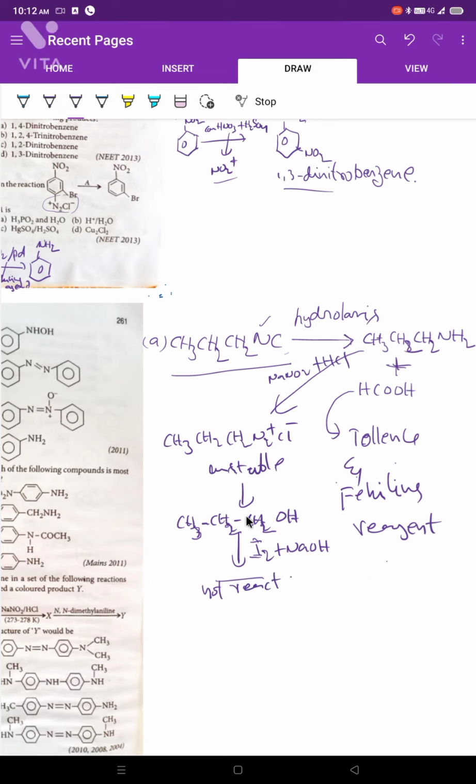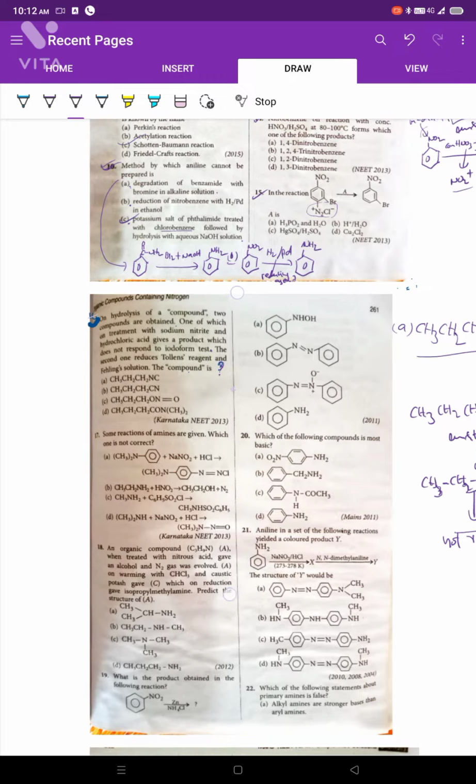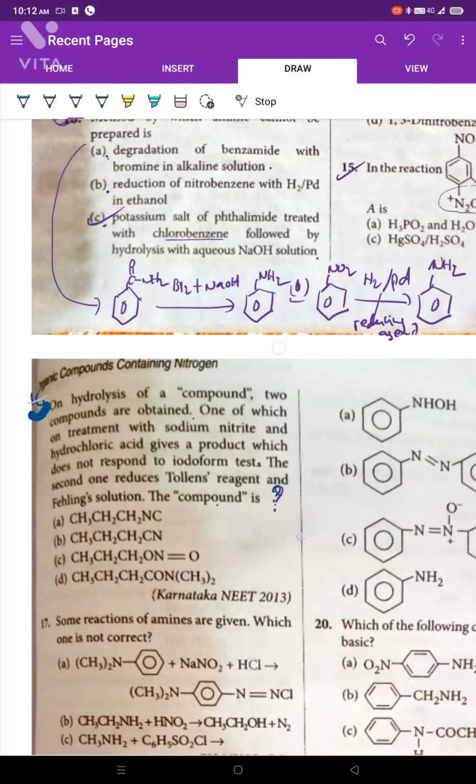So I think this is the correct answer for question number 16. On hydrolysis, two compounds are obtained, one of which on treatment with sodium nitrite and hydrochloric acid gives a product, the alcohol we got, which does not respond to the iodoform test. The second reduces Tollens and Fehling. This is compound A.